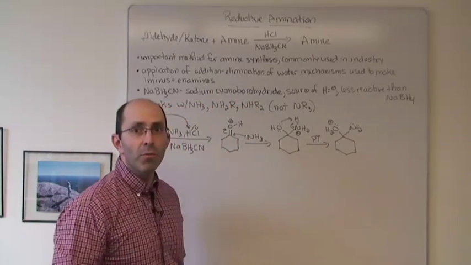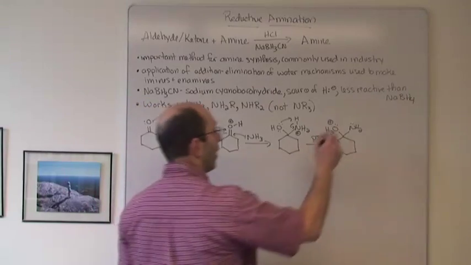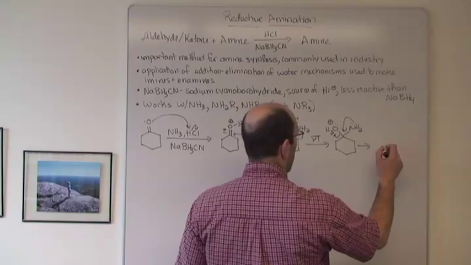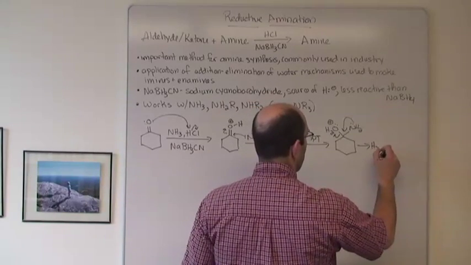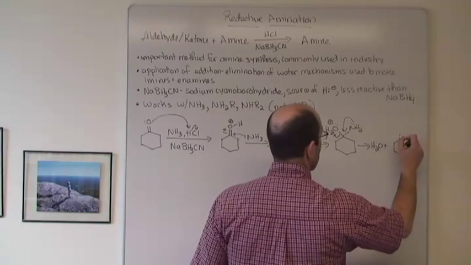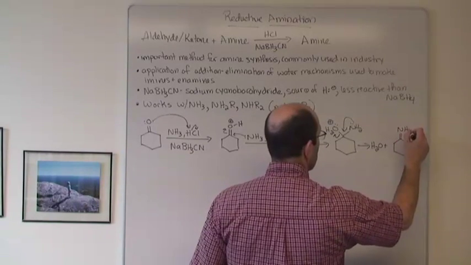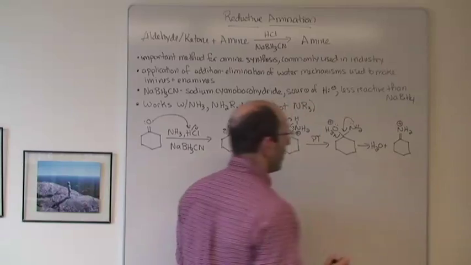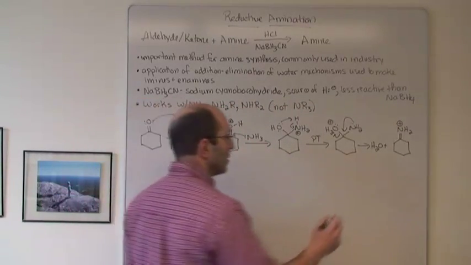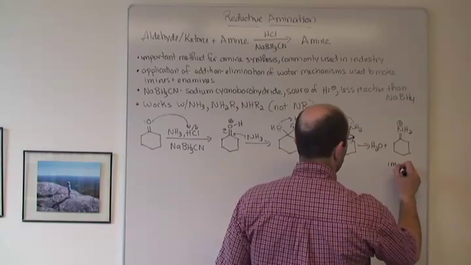Now we can form the aminium-ion intermediate and have water leave. Again, we said this is an addition-elimination of water mechanism, and this is the spot where we eliminate water. We've just generated our key aminium-ion intermediate, and this is the key intermediate that we form in all of these reactions.